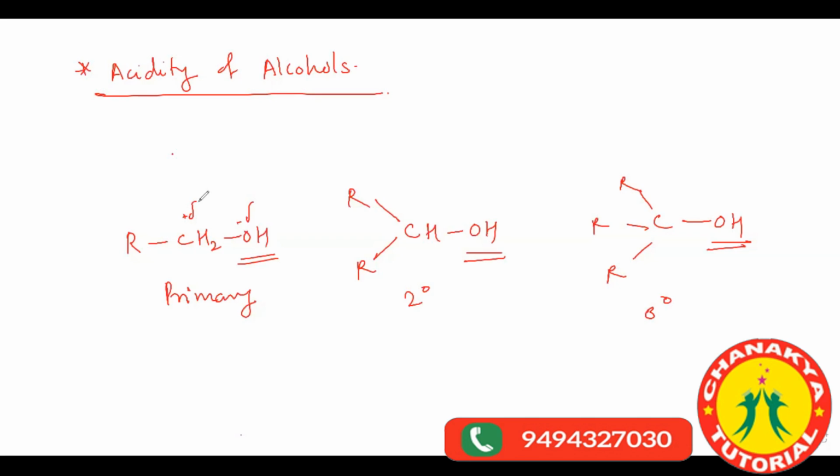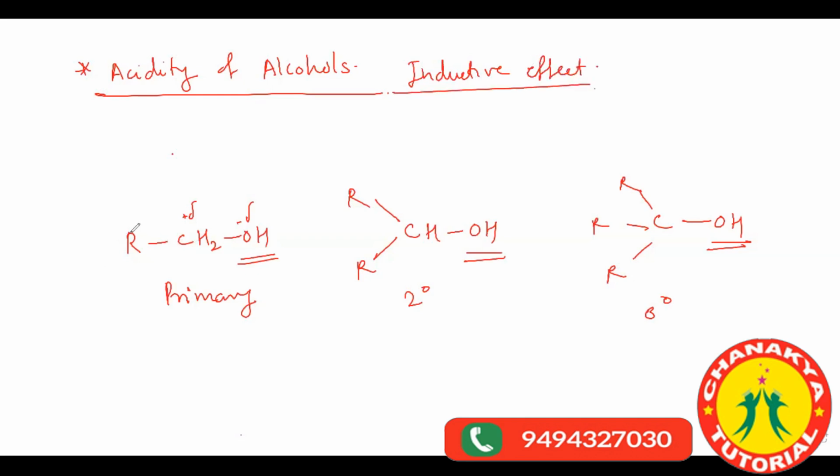Now, an electron releasing group like CH3, C2H5, if it is present in the substrate, it increases the electron density on oxygen, tending to decrease the polarity of OH. Have you heard about the inductive effect? Yes, you learned about the inductive effects.